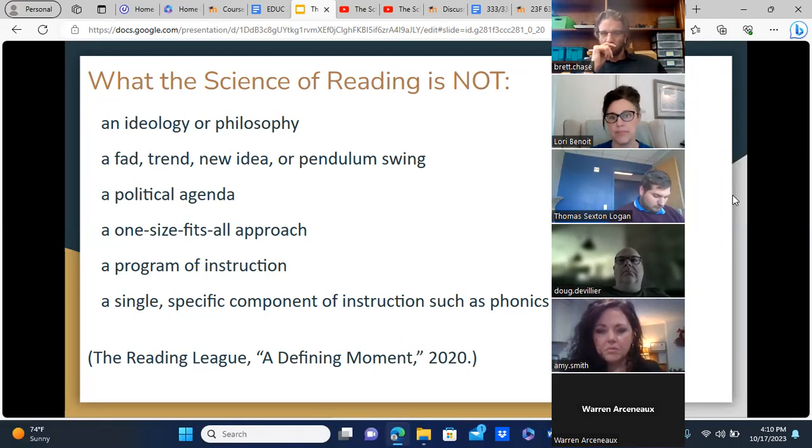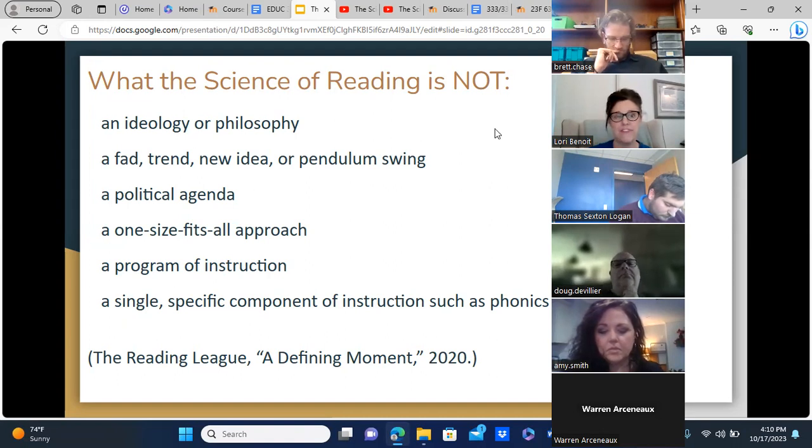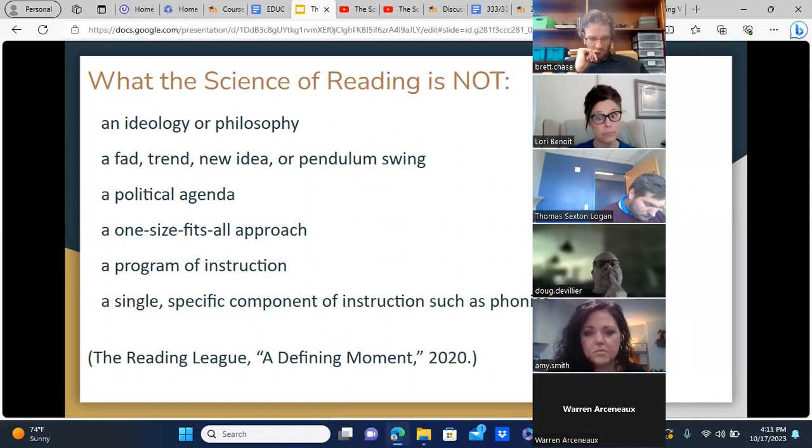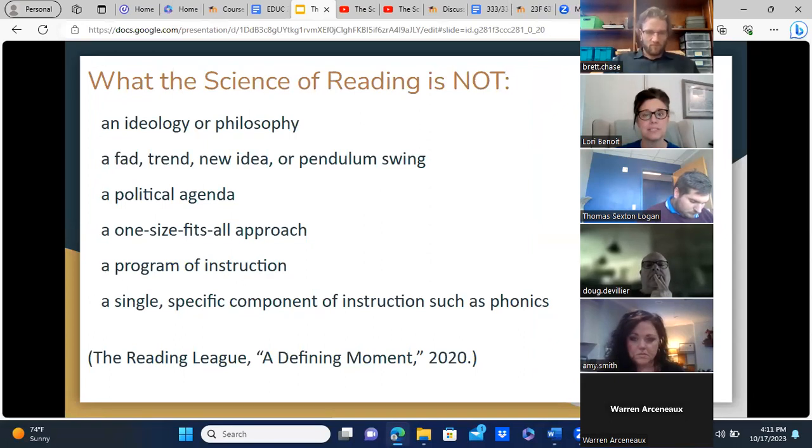It is not, hear me loudly, hear me clearly, because as it grows, we love to start tacking names on things and putting them in boxes, and we love it. That's what we love to do, but it is not an ideology or a philosophy. It's not a fad, although it is relatively new to many of us in education. It's not a trend. And this is not some sort of pendulum swing. It's based on the science of how people really learn to read.